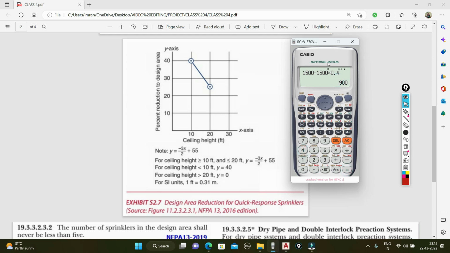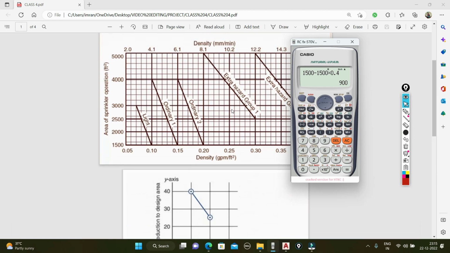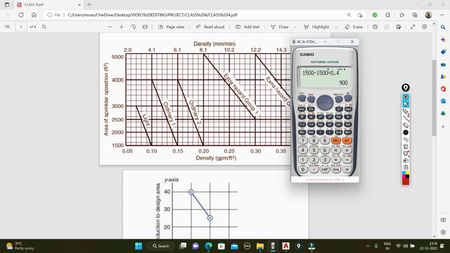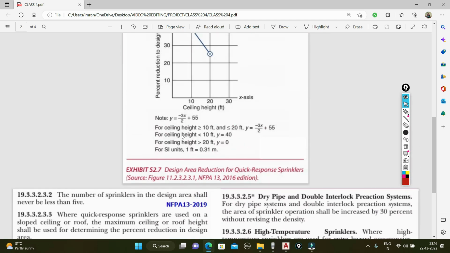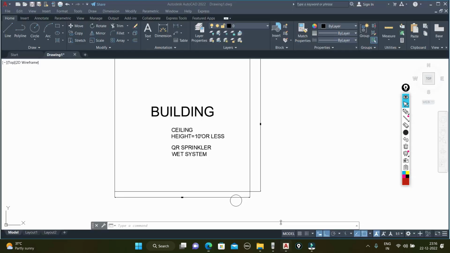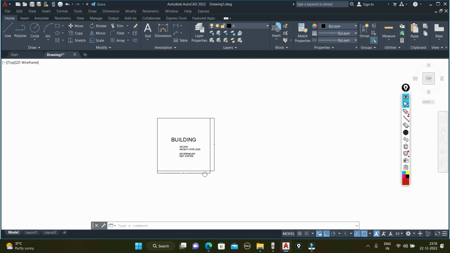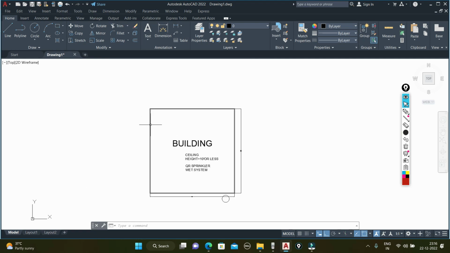Then the area of operation will be 900, but the density will be the same, 0.1. It will not vary. Only the area of operation will vary. So here we will not consider 1500, we only consider 900 square feet.